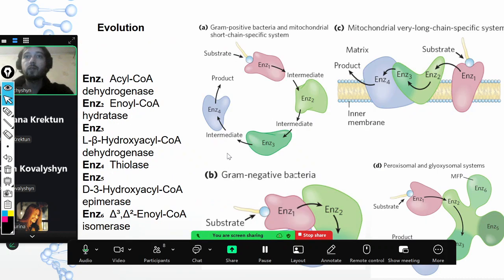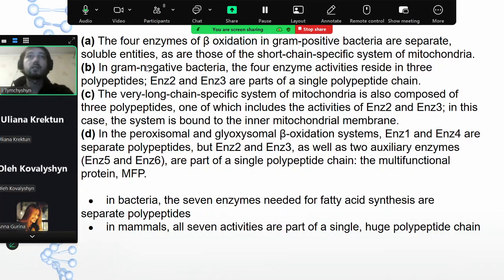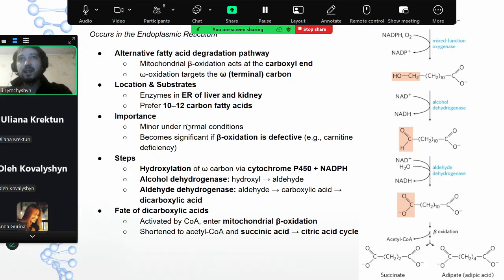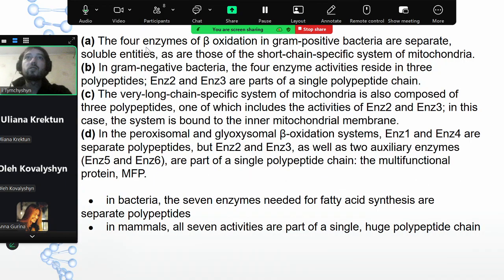Here are some nice pictures regarding the evolution of different enzymes. It turns out this is a sort of text describing those images and I wasn't able to fit that into one slide. But here's what you see. There are 4 enzymes of beta oxidation.